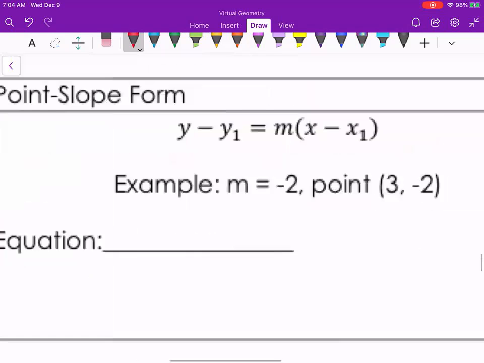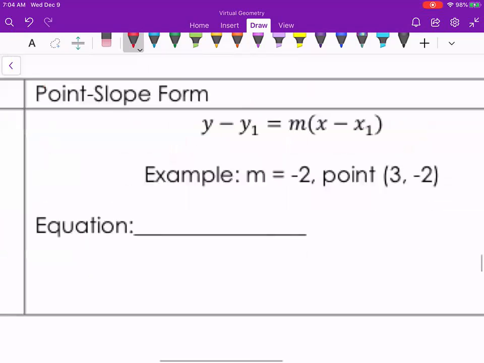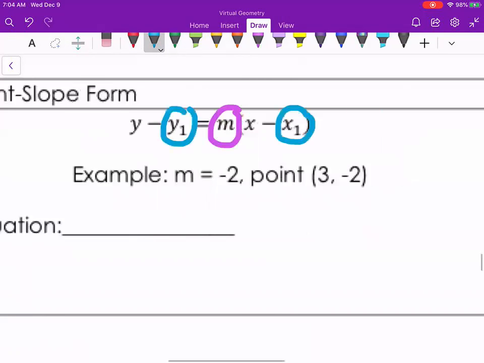One of the other equations we worked with a lot was the point slope form. All right, point slope form was the y minus y1 equals m times x minus x1. So we only plugged in the y1, the x1, and then the m. We only plugged into those 3 positions. So the point that they give us, that is the x1 and y1.